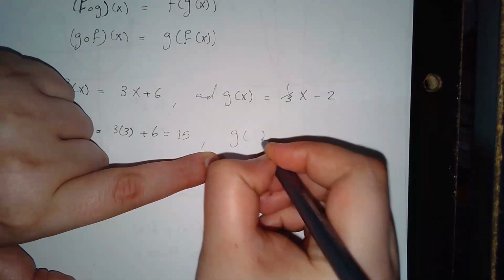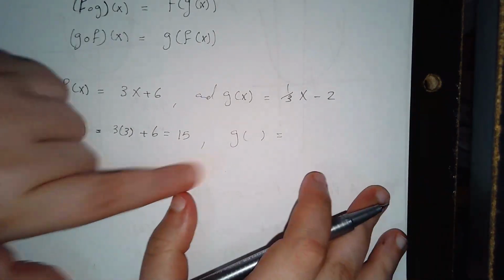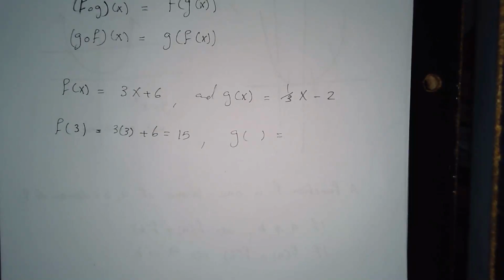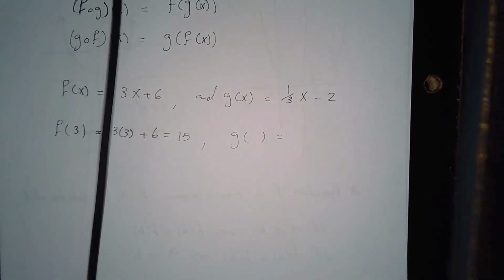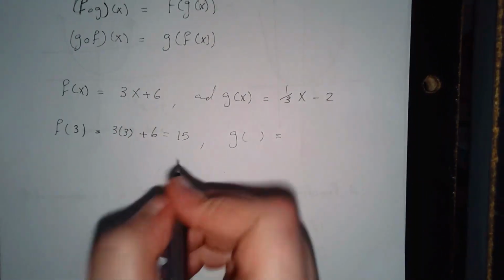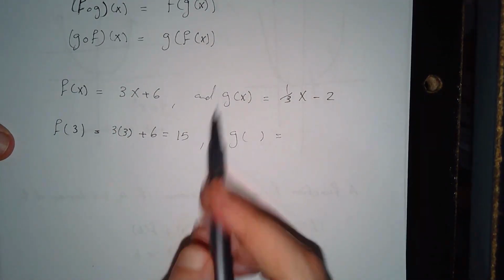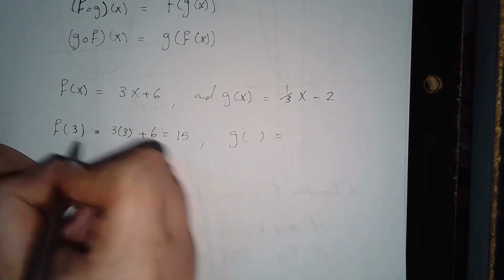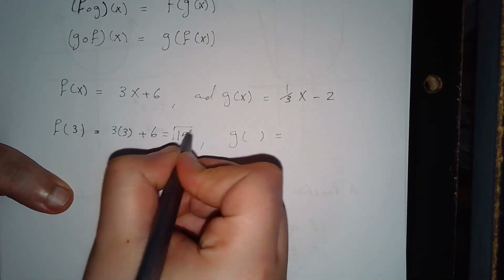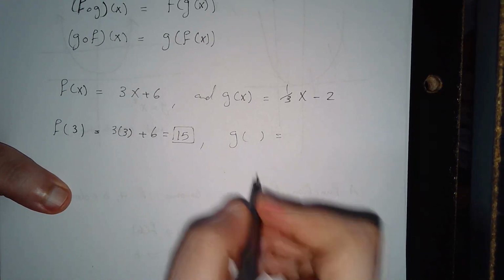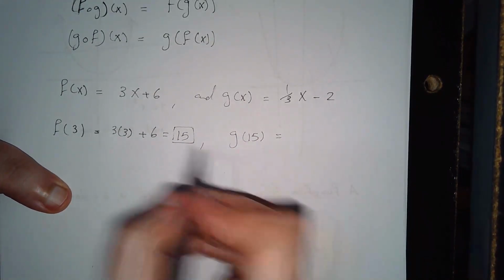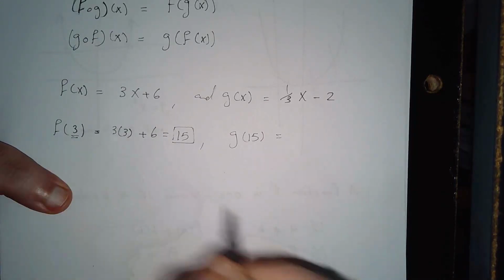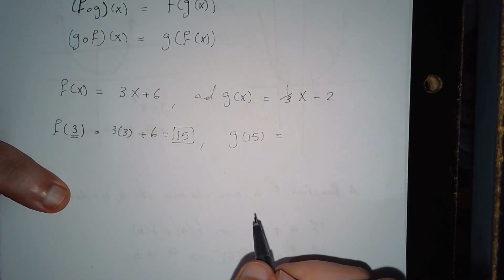Now, let's go to g. And I want to choose a random value to plug in and find the answer. But here's the thing. To use this idea, what I need you to do is basically grab the answer you got, plug it in here, and see if you end up with the same x you plugged in initially, right?